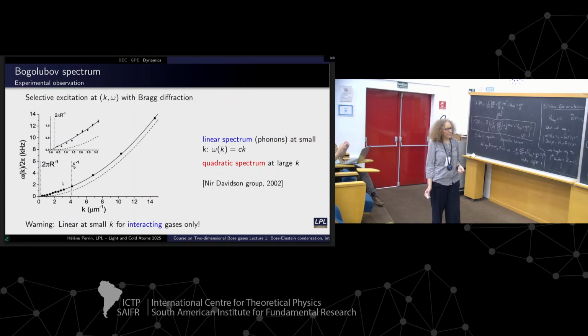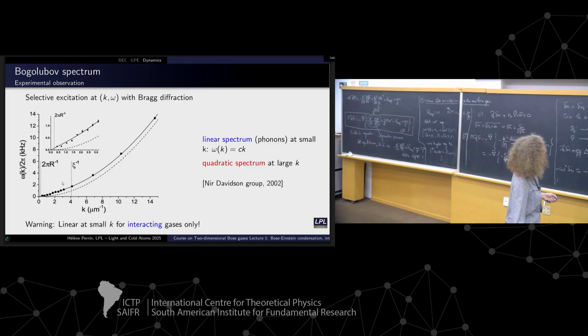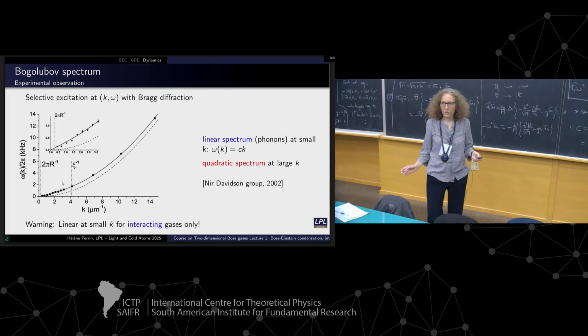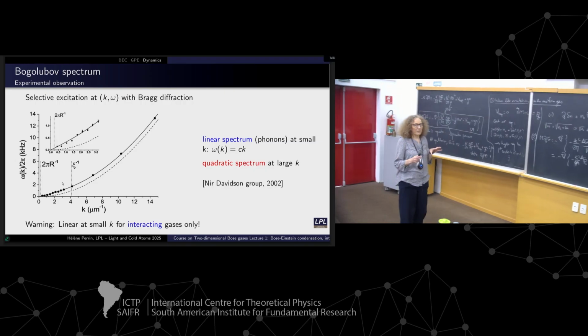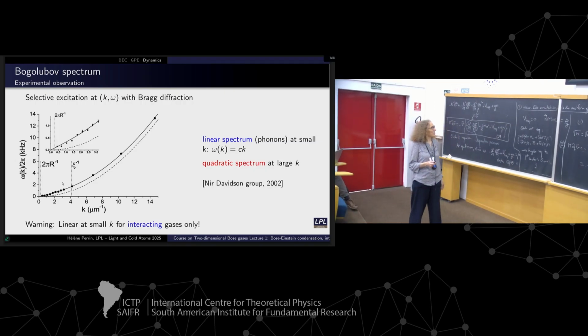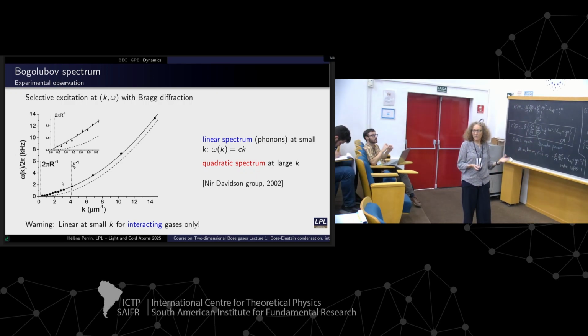And this relation has been tested experimentally in the group of Ketterle, in 2002, using Bragg diffraction to look at what are the conditions to create excitations. And he indeed showed that the spectrum is really in very good agreement with what is expected from the Bogoliubov theory.